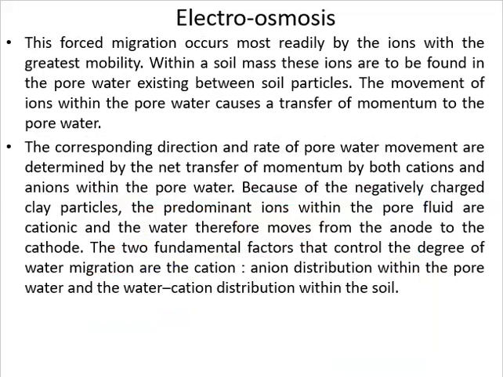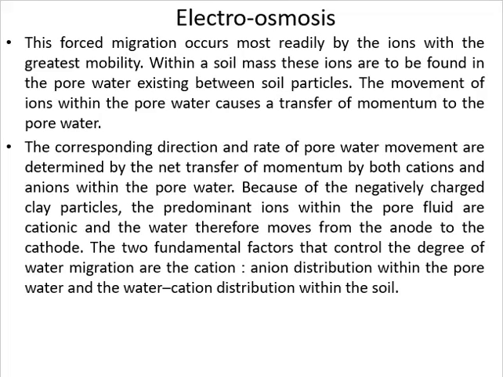The movement of ions within the pore water causes a transfer of momentum to the pore water. The corresponding direction and rate of pore water movement are determined by the net transfer of momentum by both the cations and anions within the pore water.